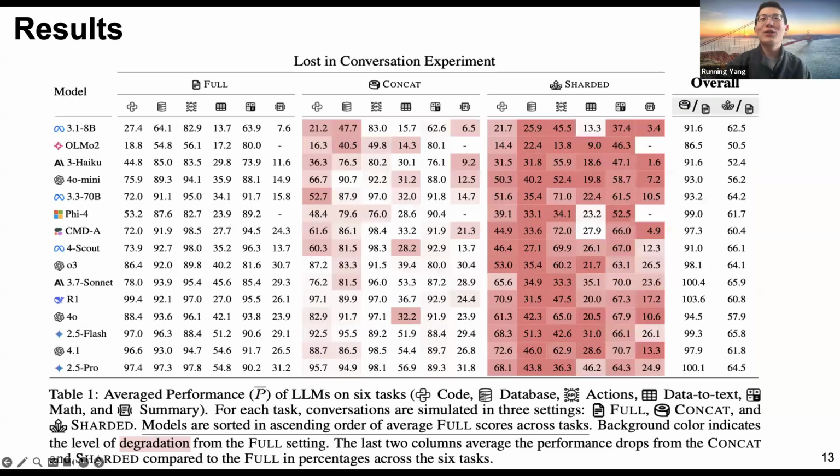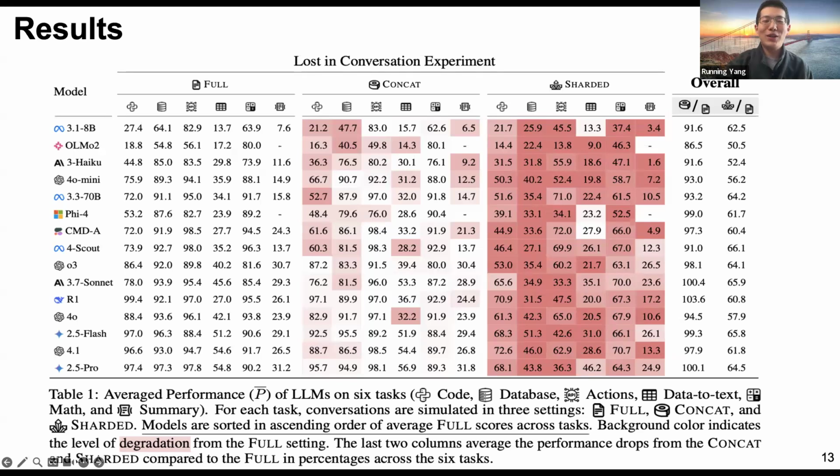And here are the results in numbers. Since this is really a lot of numbers, we just highlight the key idea. The right part is the degradations. And we can see that from full, which is a single-turn prompt, when we break it into multi-turn, the degradation increases a lot.